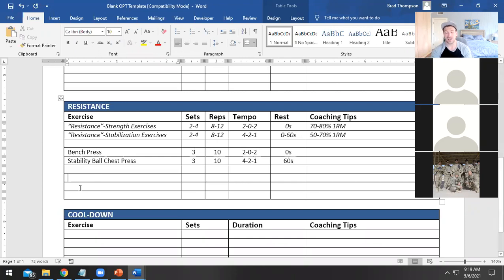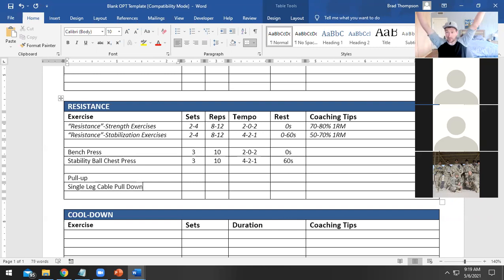And then let's just say we put in a pull-up, right? That's your classic strength style resistance upper back exercise. And then we will pair that with a single leg cable pull down, right?